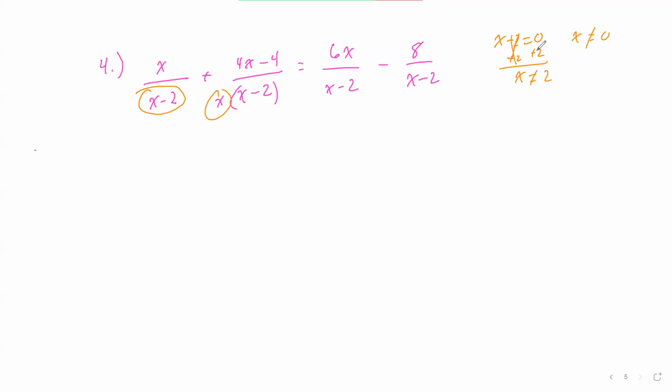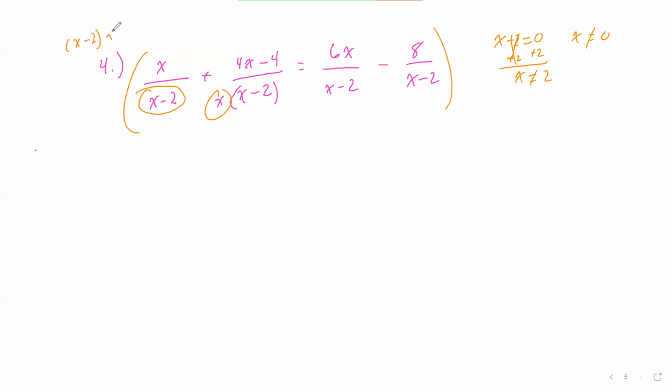What we like to do here is, no one likes fractions. So we figure out, what's the least common denominator? Meaning, if I have to multiply all of these by an x to get rid of it, then that's what I'm going to do. We determine there's an x minus 2, so I'm going to multiply by an x minus 2.